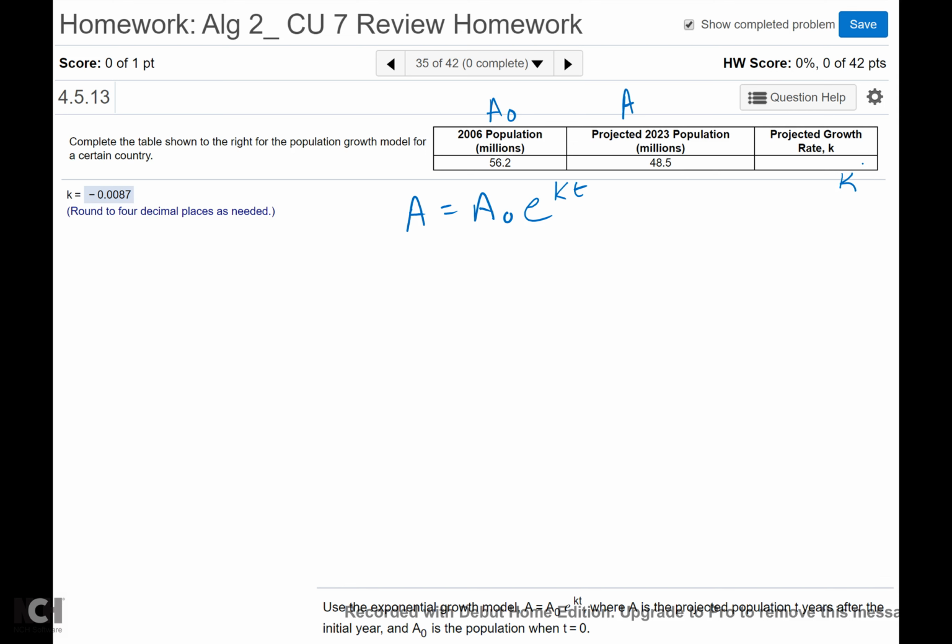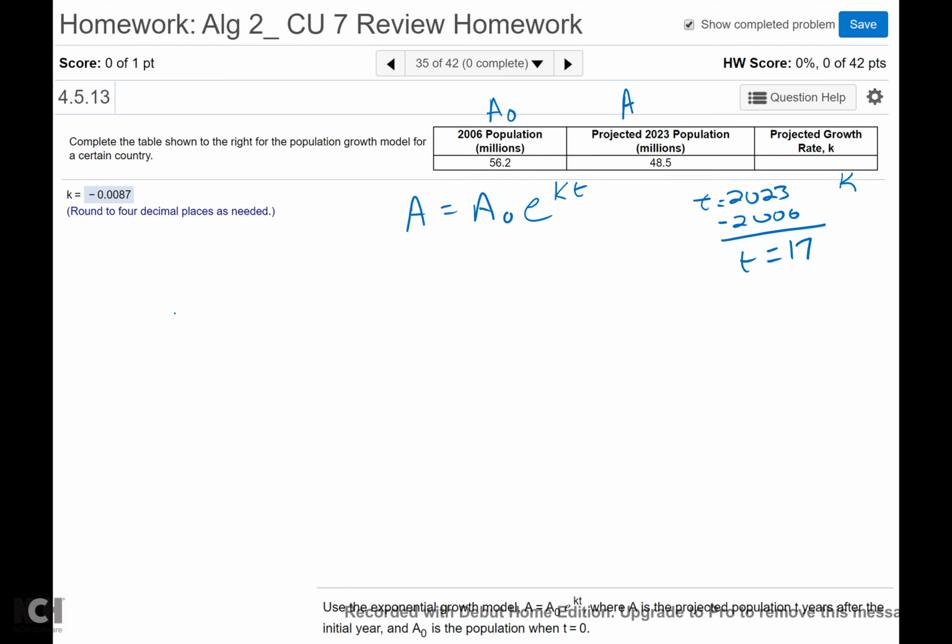and time. Time is going to be the difference between 2023 and 2006. 2023 minus 2006 is 17 years. So T would be 17.